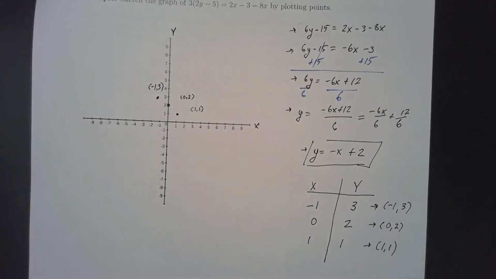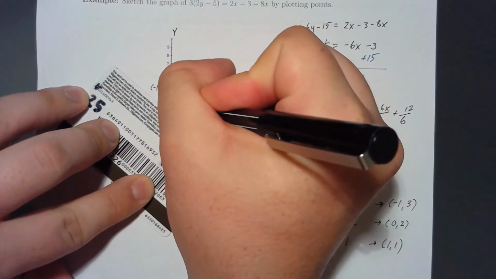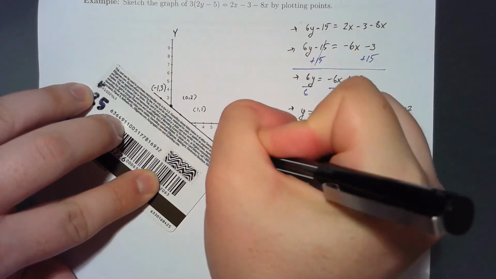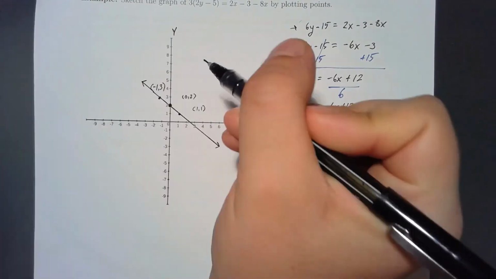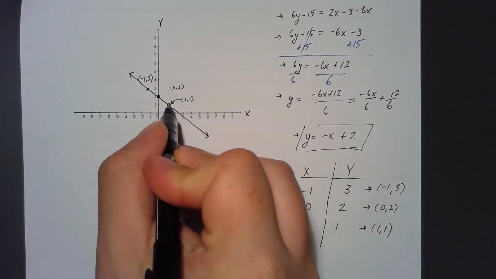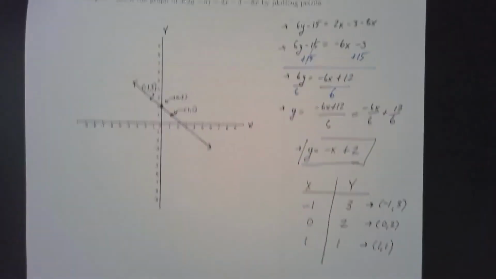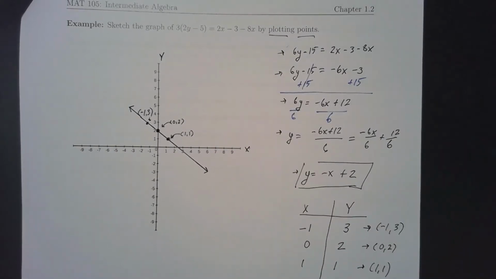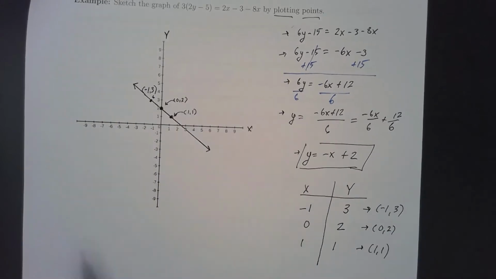So when I connect those dots, here's my linear equation, more or less. You know, that's really the basic idea. By plotting points, that's how you graph a linear equation. It's pretty straightforward. Just get it into slope-intercept form, plot 3 or 2 points, and there you go.